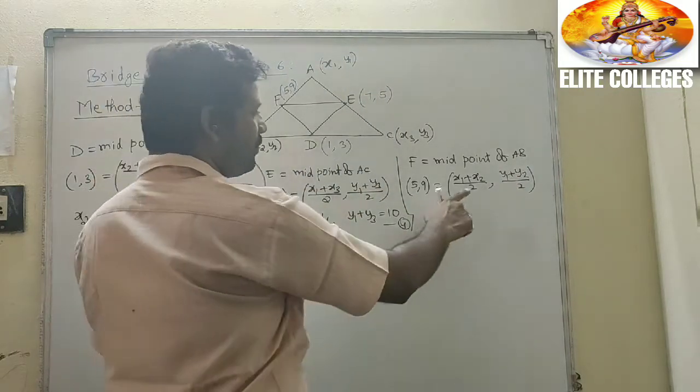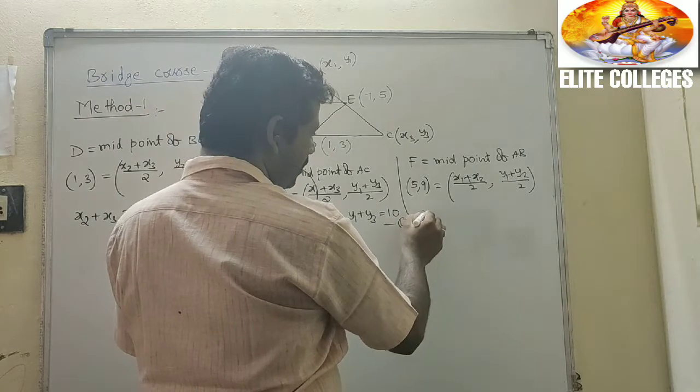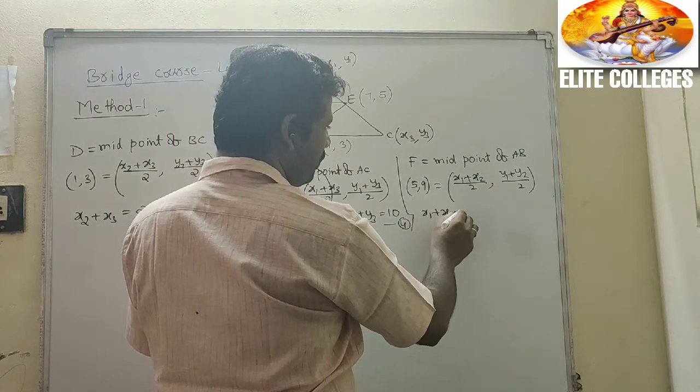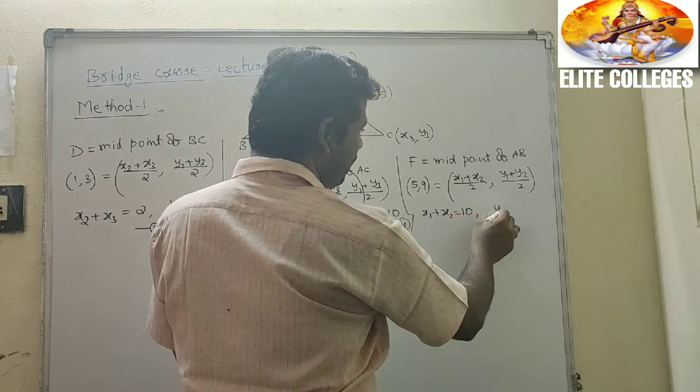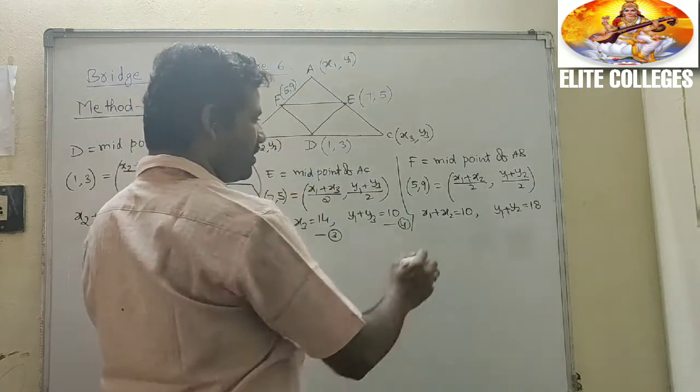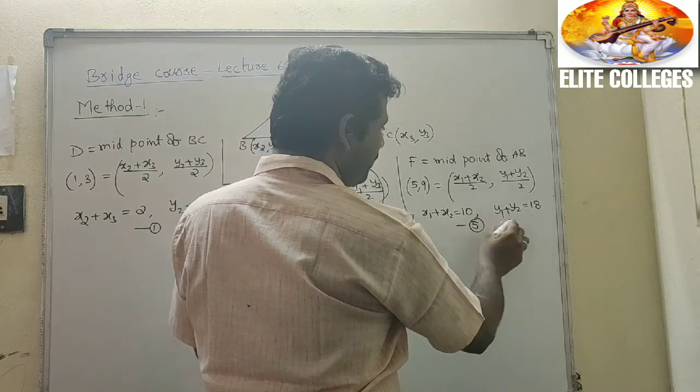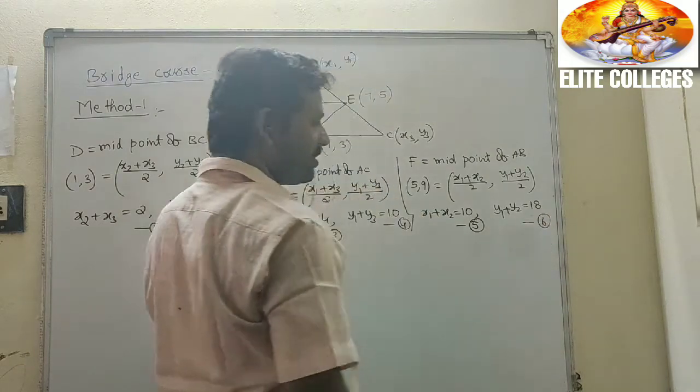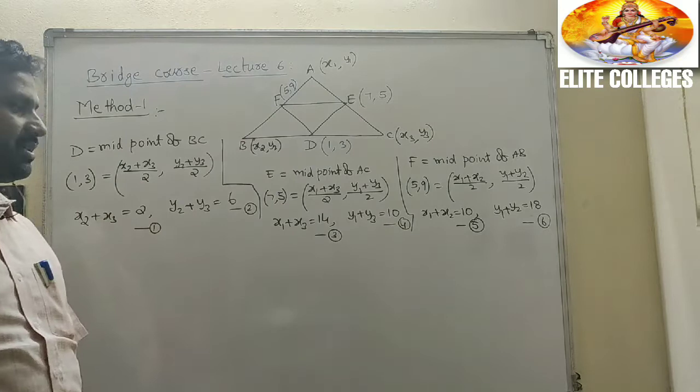Now cross multiply. 2 into 5, 10. x1 plus x2 equal to 10. y1 plus y2 equal to 18. This is the fifth equation. This is the sixth equation. Now we have the six equations.